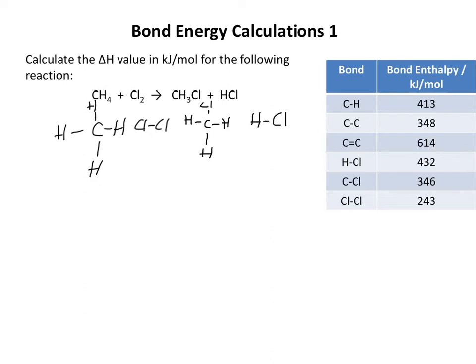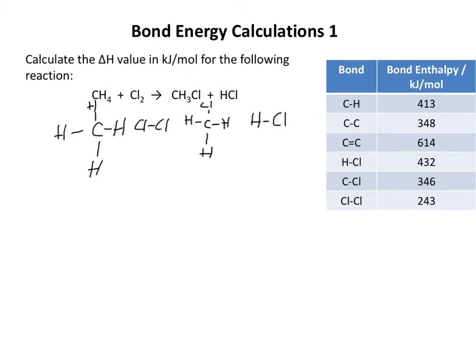The writing's getting a bit better in terms of neatness. So you can see, and this is a reaction on the GCSE spec, that we've actually got a substitution reaction. One of the Cl's has substituted for the H, and the H has swapped in to form HCl.